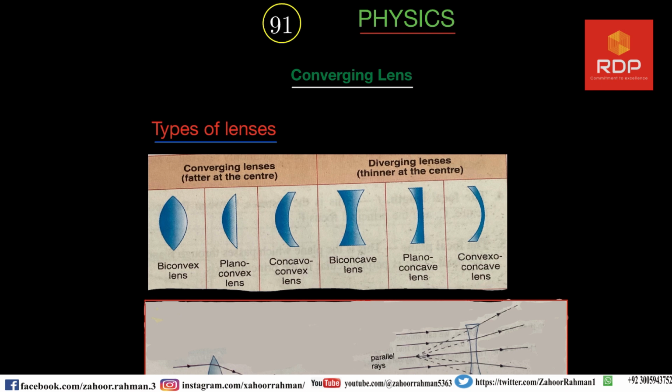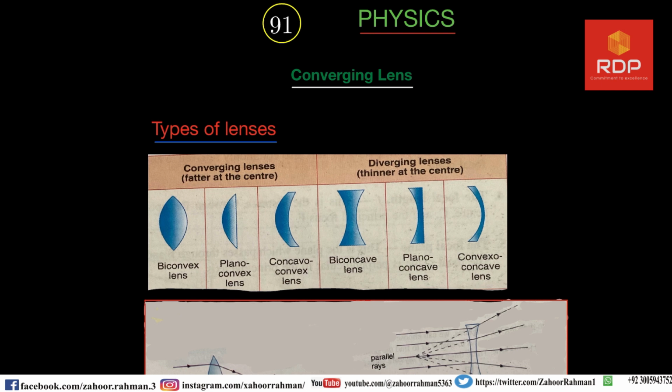In the previous unit, we learned that light is refracted when passing from one medium into another. In this unit, we will learn about the effect a lens has on light.